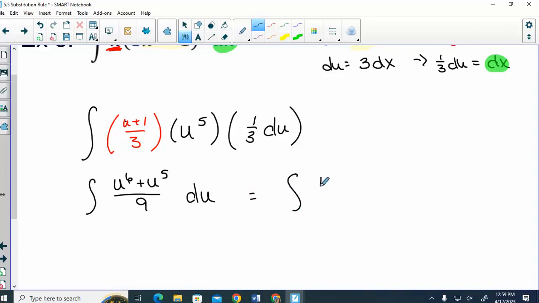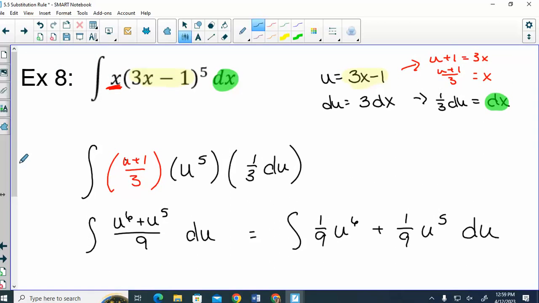I could even write it as like 1/9 u to the 6th plus 1/9 u to the 5th du. So initially it didn't look like I made my problem a whole lot easier, but it did, because now my thing to a power was just a single term, so I could multiply them out.